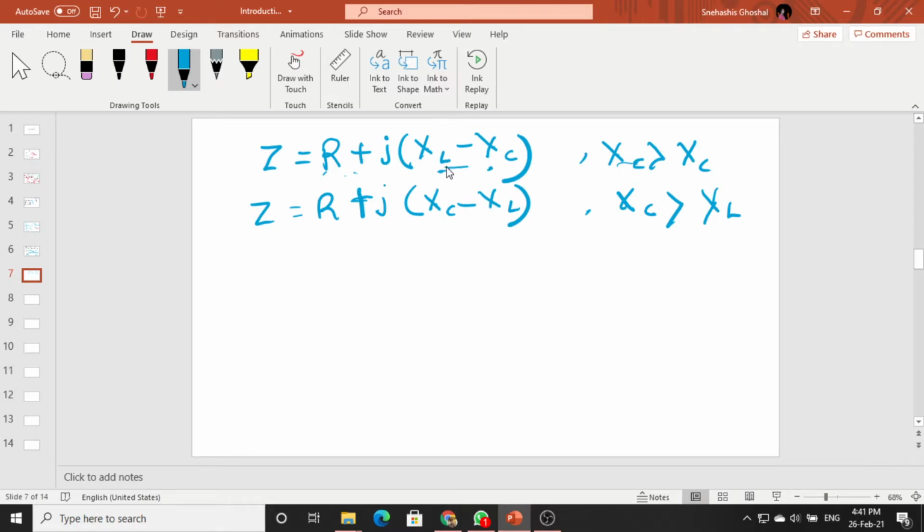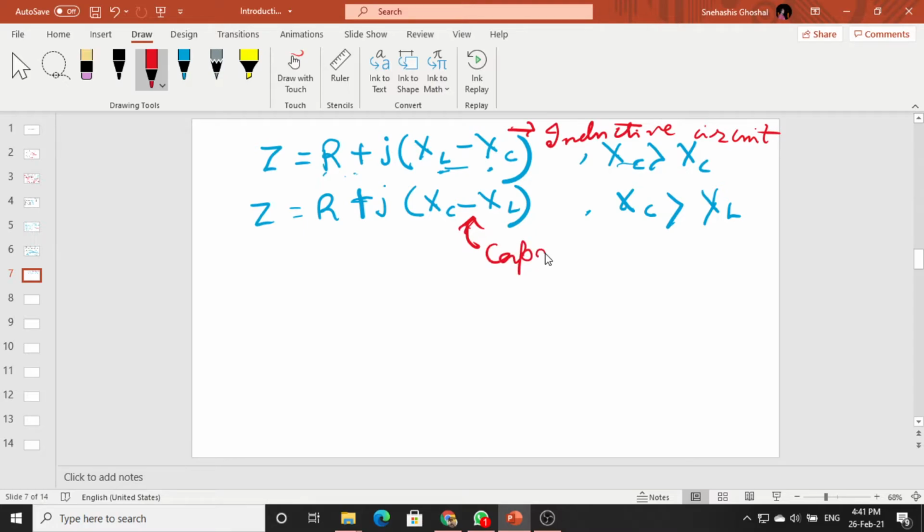In the first case, inductance is more, that's why this positive sign is there. This is called an inductive circuit. When inductance is more, that will be an inductive circuit. And in this case, you will see that capacitance is more, so it is a capacitive circuit.